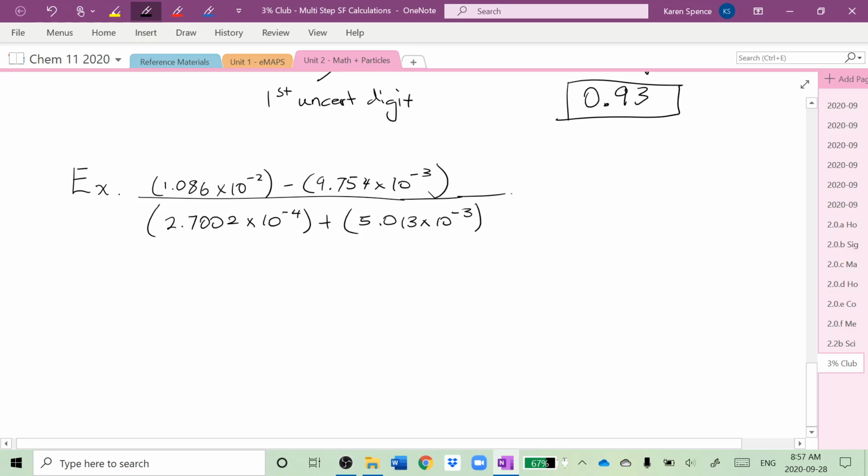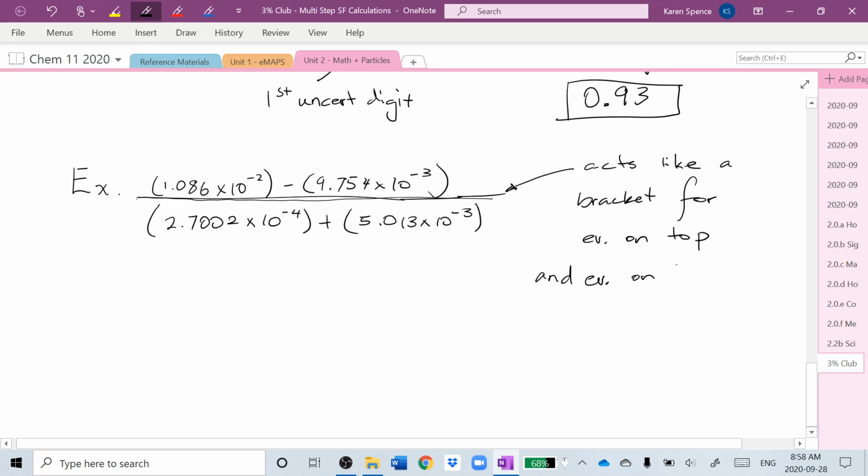Now our order of operations says brackets first. If you have an underline like that all over, that acts like a bracket for everything on the top, and it acts like a bracket for everything on the bottom.